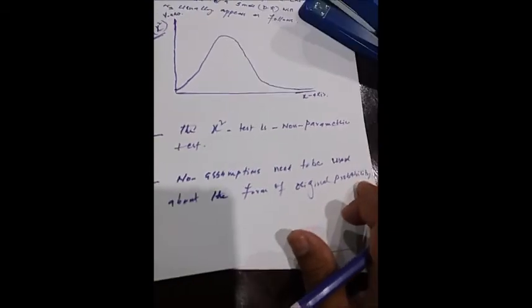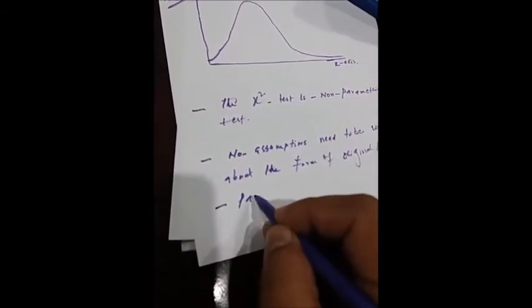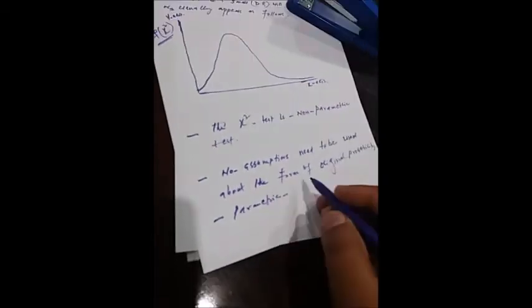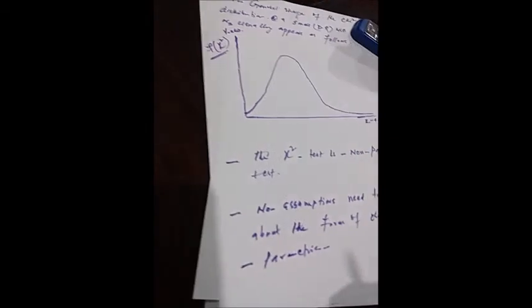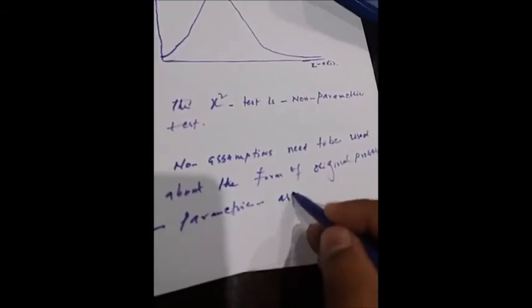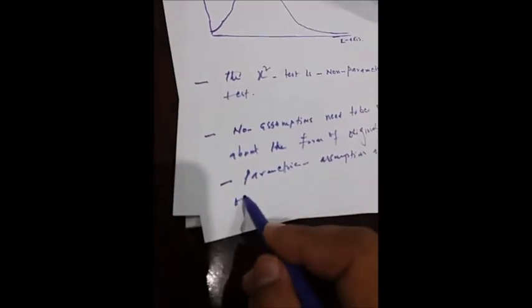If a test is parametric, we can make assumptions about the original probability.